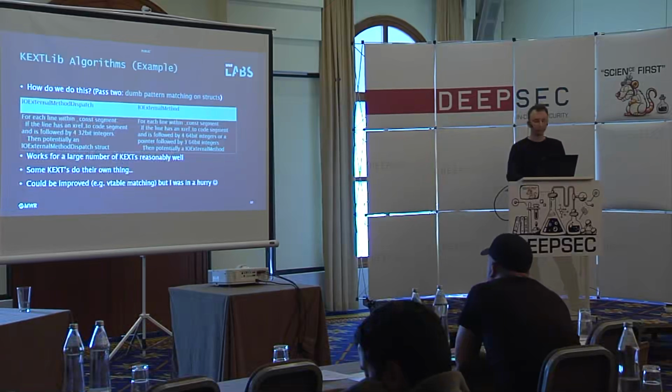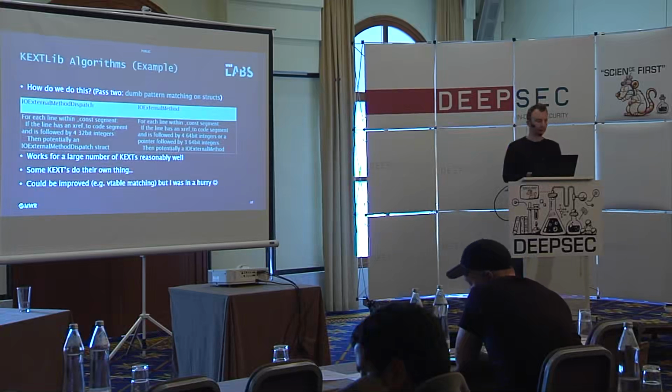And then the second approach was just to do dumb pattern matching, because with the I/O external method dispatch tables, when the compiler compiles the C code, it basically places these structs with their static values in the const segment of the binary.